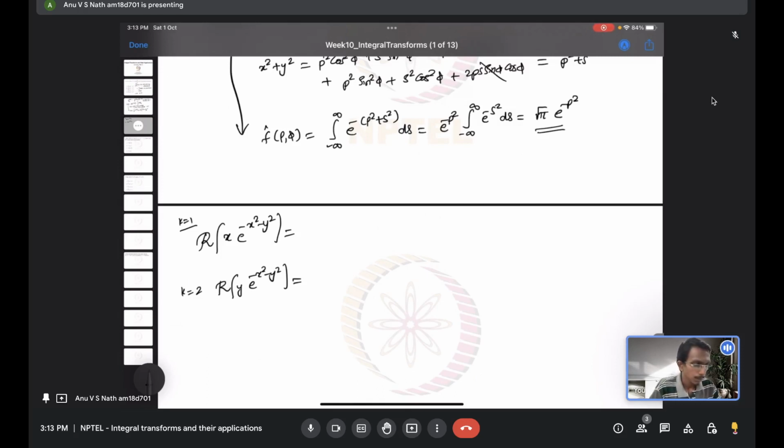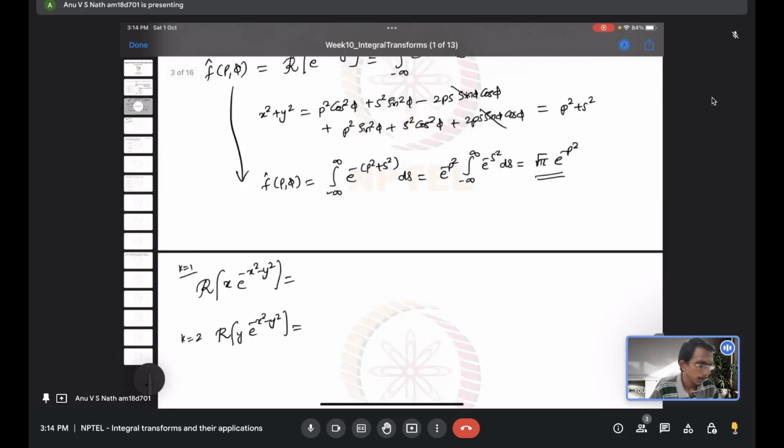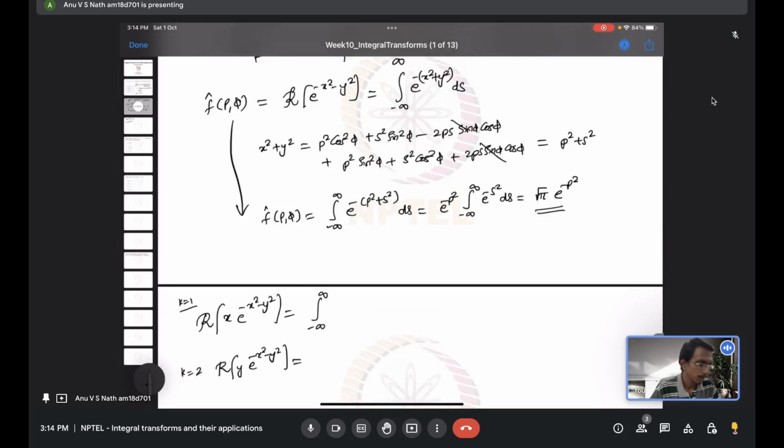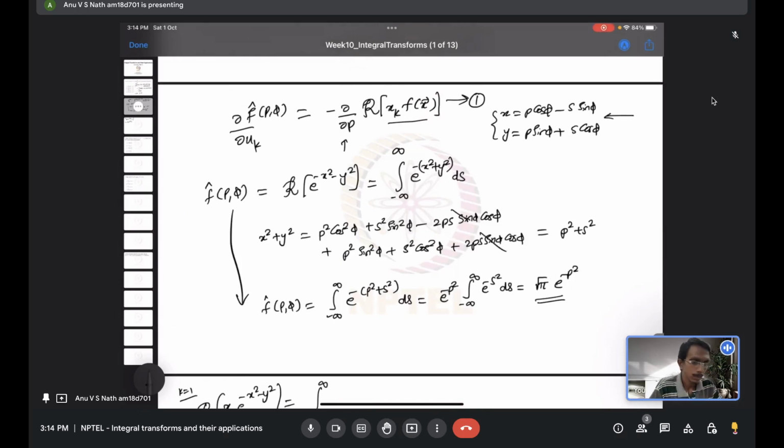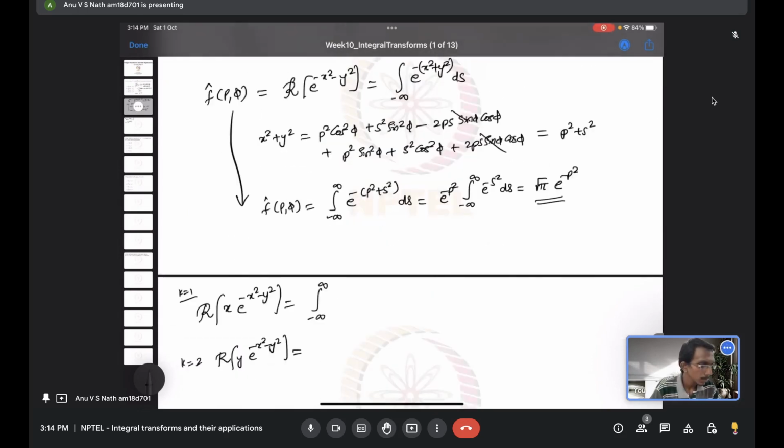For k equal to 1, using the same expression, we integrate from minus infinity to plus infinity x times exponential of minus x square minus y square. I substitute x as p cos phi minus s sin phi, which we already know. So it is p cos phi minus s sin phi times exponential of minus s square minus p square, then ds.